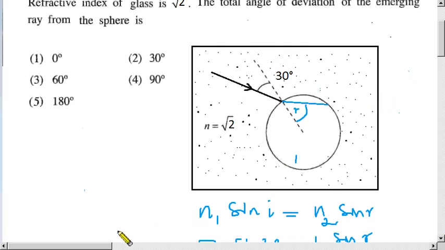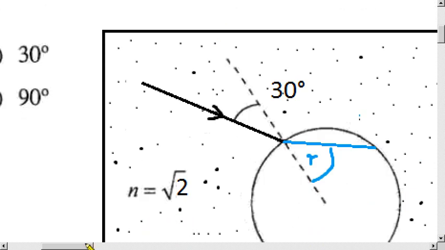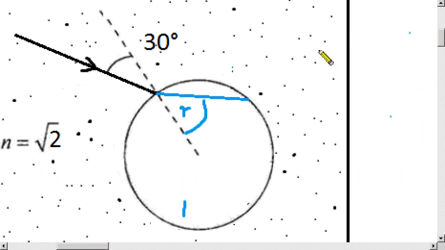So we can follow the same path as previously. It is not subjected to total internal reflection. It doesn't reflect. It gets refracted like this. So this angle is, now we know, 45 degrees.